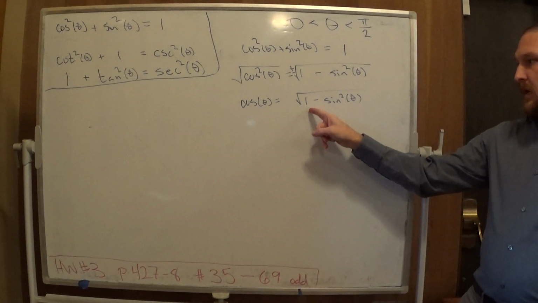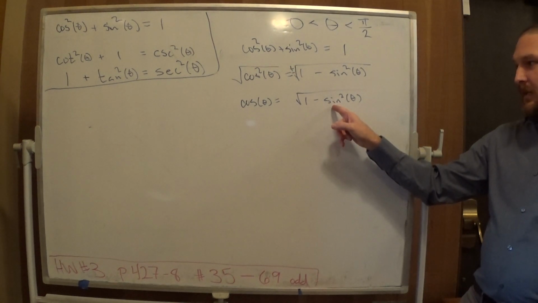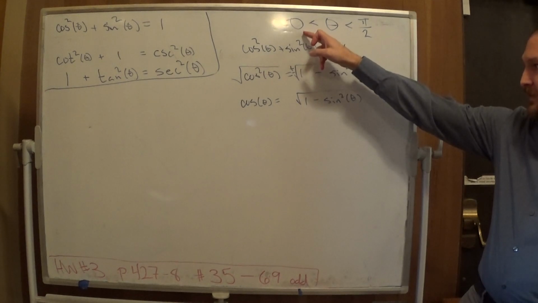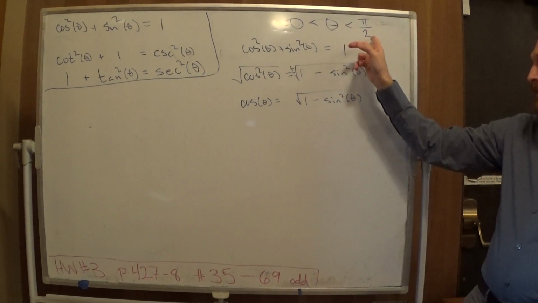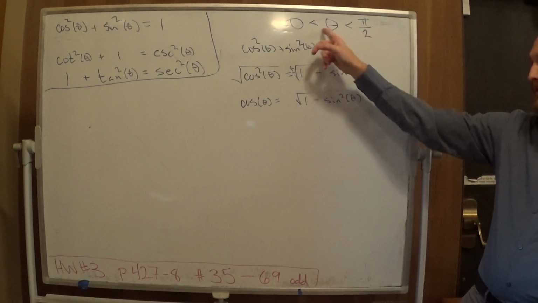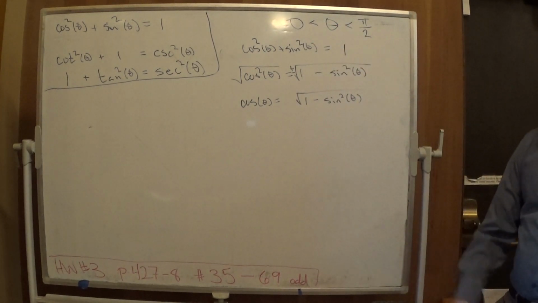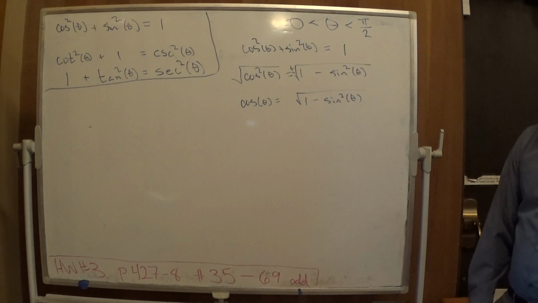But yep, you nailed it. At most, that can't get any bigger than 1. And if this is not 0 and not pi over 2, which is what acute means, then it will be less than 1 and bigger than 0. But we'll get into all that.